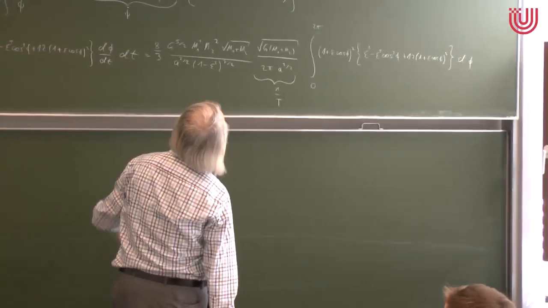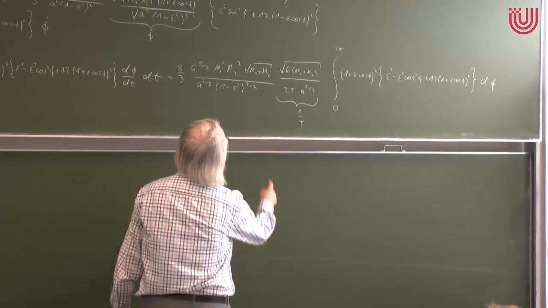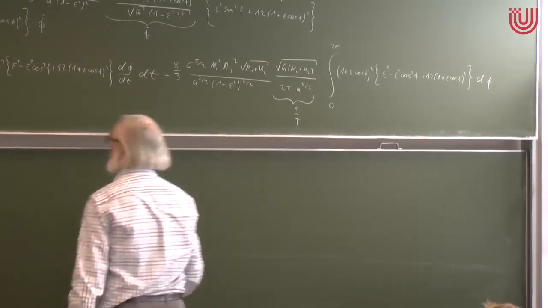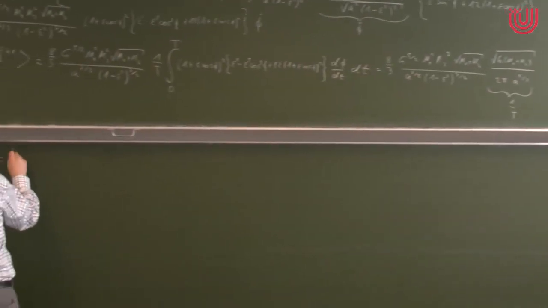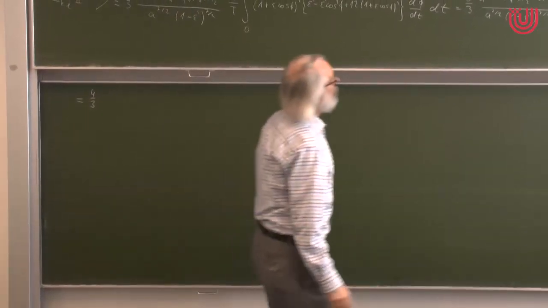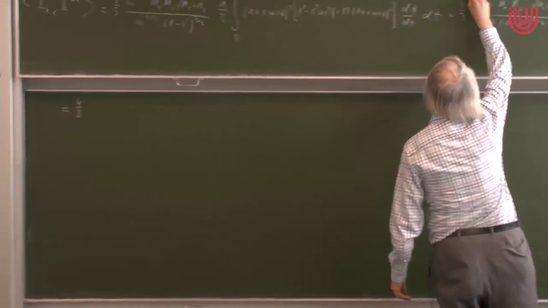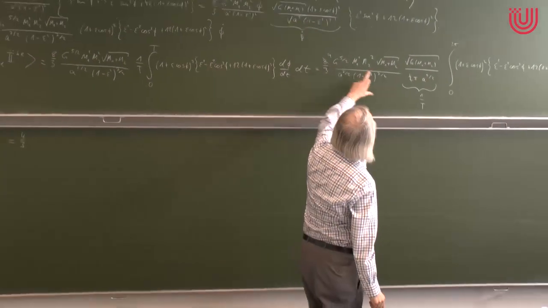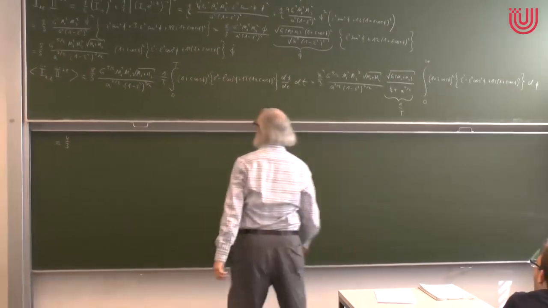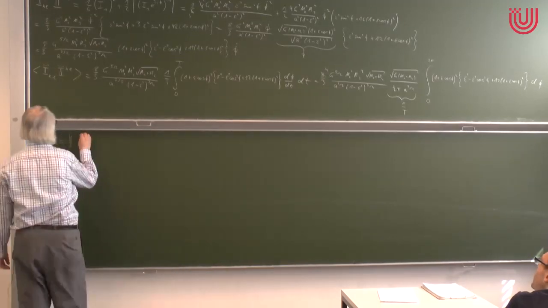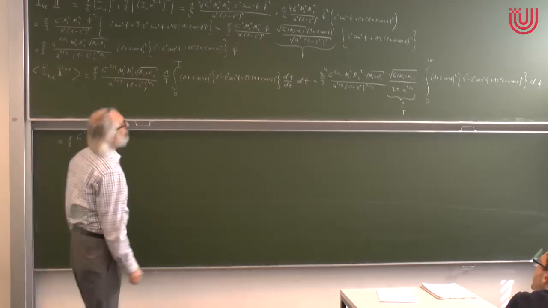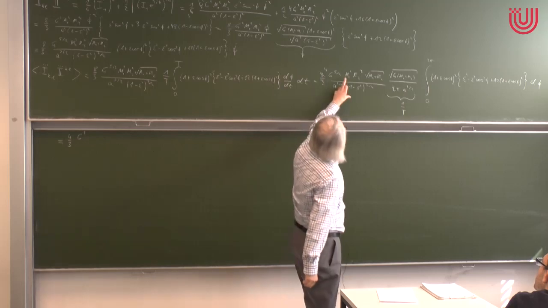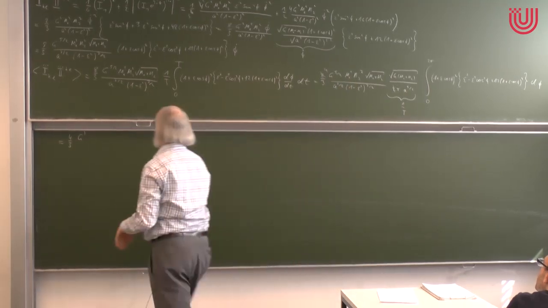So, well, what can I do with the prefactor? A little bit. Let me see. This gives 4 over 3, right? Here I have 2. G to the 5 half times root G gives G to the 6 half, that's G cubed. M1 squared, M2 squared.